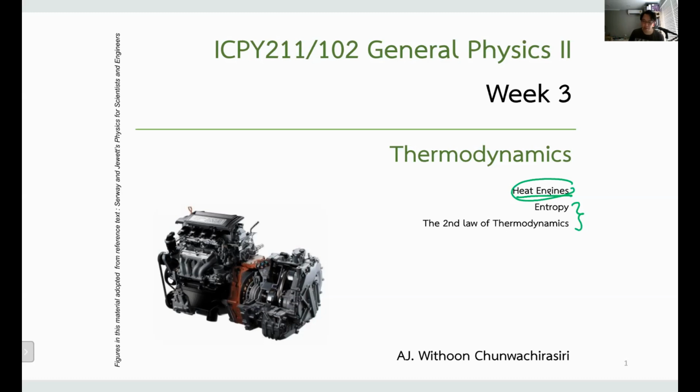So don't worry about the entropy and the second law. Don't worry means I'm just going to tell you the story about it a little bit so you get the idea, just in case you have to deal with it in the future. Especially since the movie Tenet is out, and I think the word entropy is coming up if you guys went to the movies, with things going backward in time and all this crazy stuff.